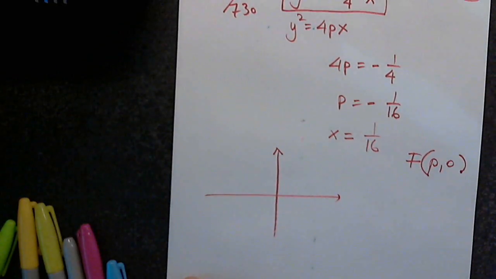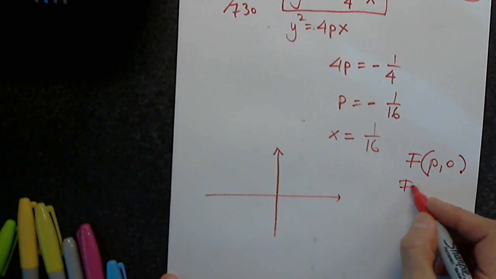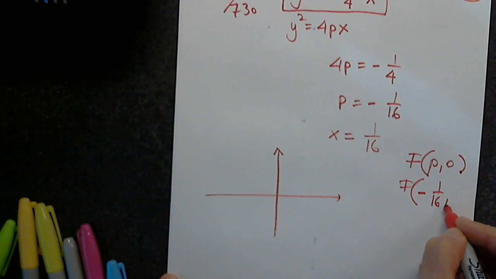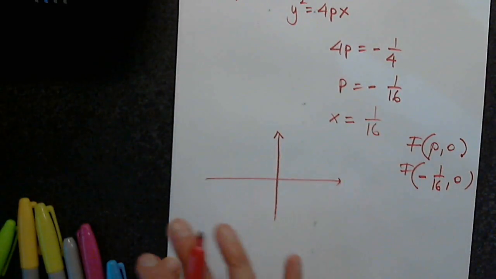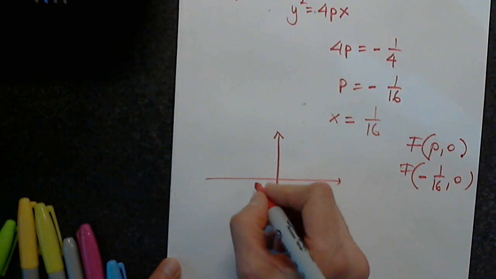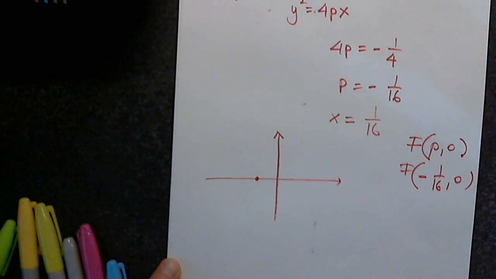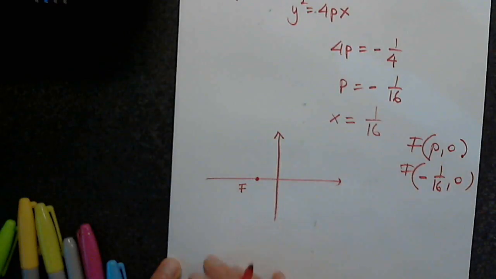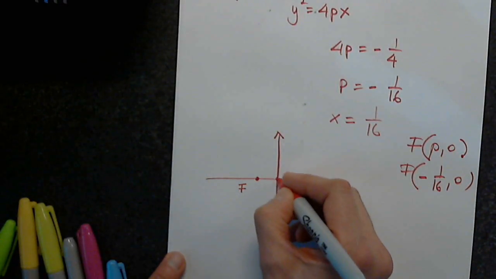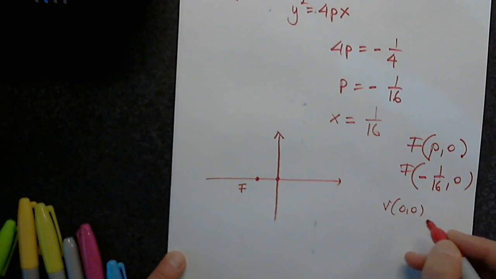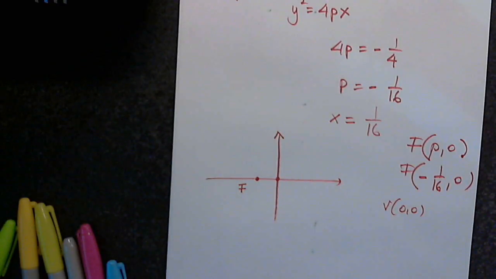Now we know that F has the coordinates negative 1/16 comma 0. Don't make me plot this; I'll just say F is here because I don't know how to plot negative 1/16. The vertex is definitely 0 comma 0, with no transformations or shifts.